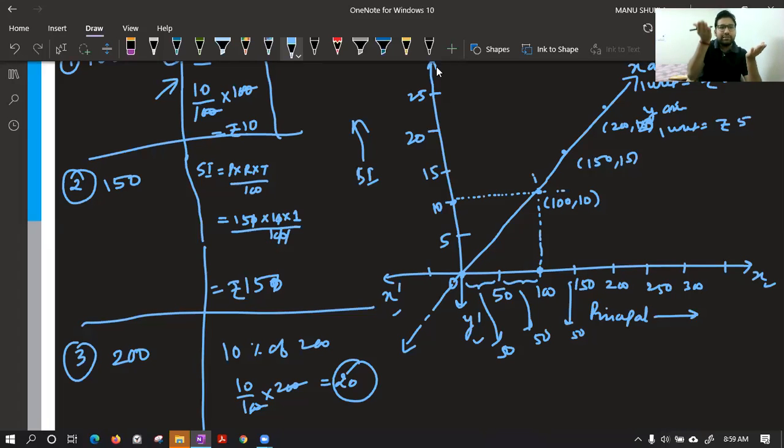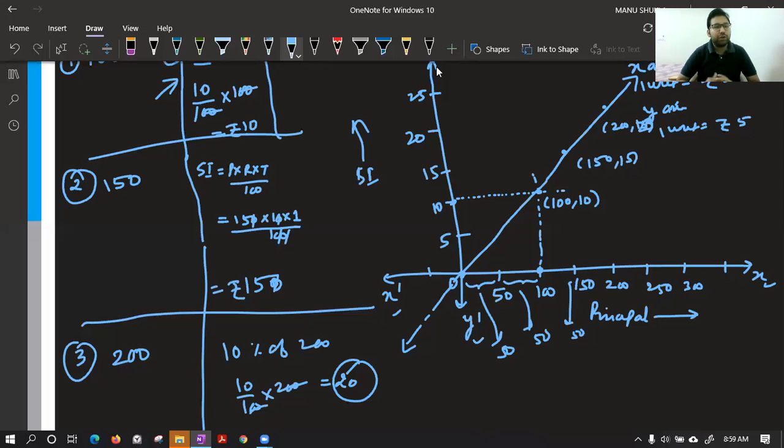One quantity is increasing, that is, if you increase the principal, SI will increase. If you decrease the principal, SI will decrease. So whatever you do in the first quantity, the same will happen in the second quantity. There are some relations in which if you increase the first quantity, the second will decrease.